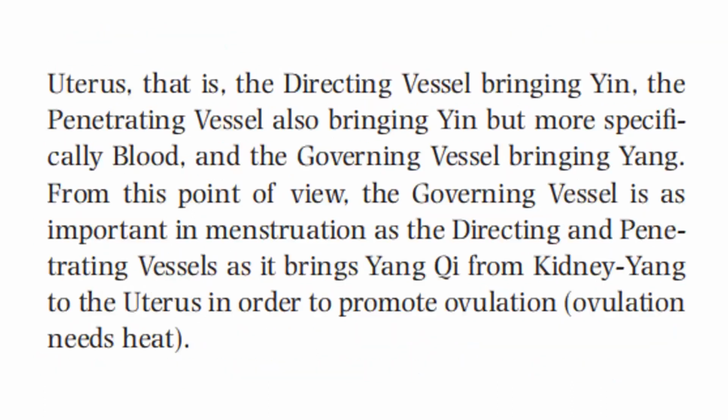That is the directing vessel bringing yin. The penetrating vessel also brings yin, but more specifically blood, and the governing vessel brings yang. From this point of view, the governing vessel is as important in menstruation as the directing and penetrating vessels, as it brings yang qi from the kidney yang to the uterus in order to promote ovulation. Ovulation needs heat.